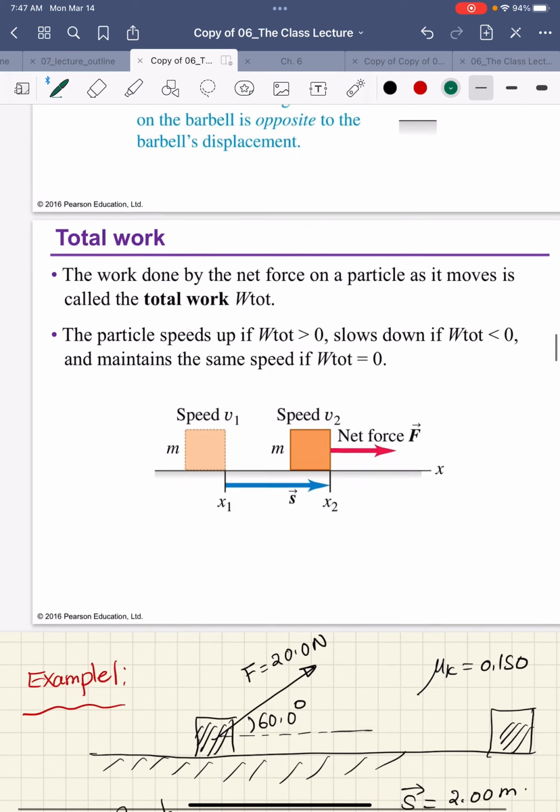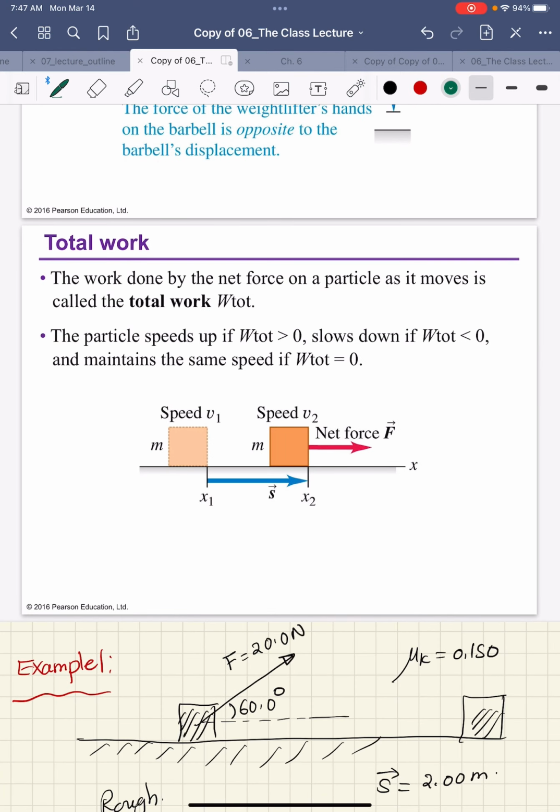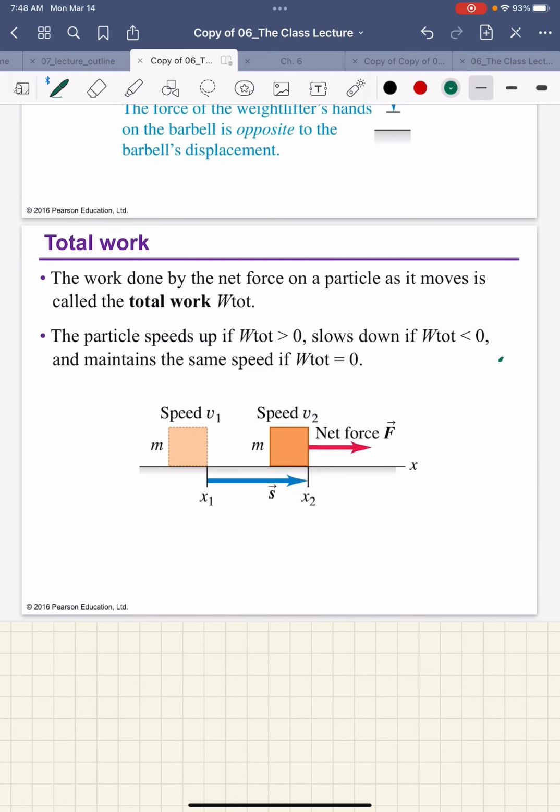There are many occasions where I don't have a single force acting on the object, and therefore we are going to talk about total work. We have two options to do that.